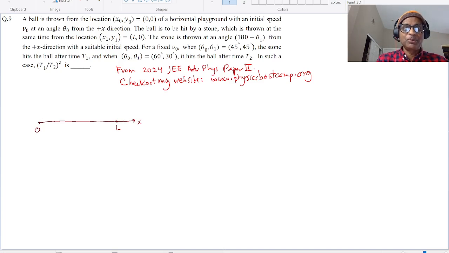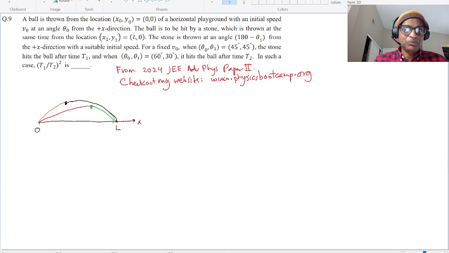So one ball comes out, and another ball may hit over here, or one ball can be, and another ball could be, in the same amount of time. So depending on how it's thrown, they are going to hit at different places.